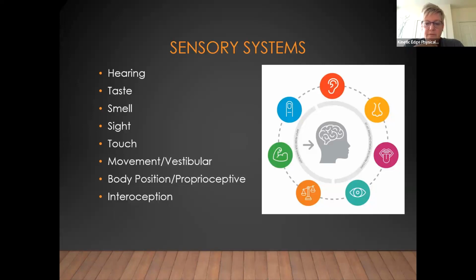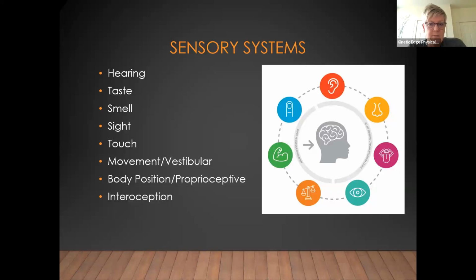Movement, or vestibular, is our brain's ability to know where our head is positioned in space. It has a lot to do with whether we're moving in a linear or straight pattern, whether we're moving in diagonal patterns, maybe we're spinning, maybe we're hanging upside down. A lot of our auditory and our visual system develops through our movement system.